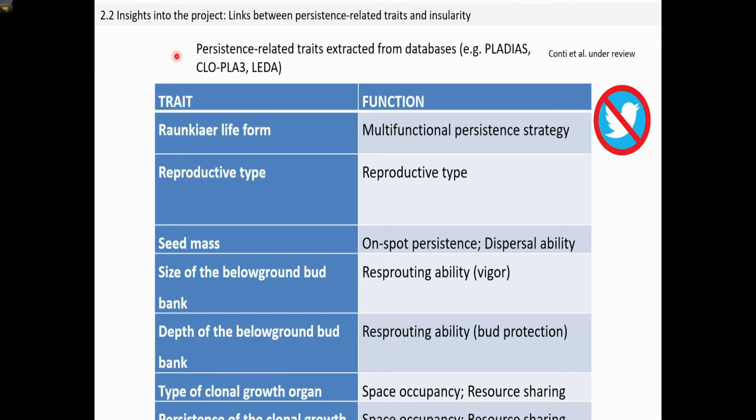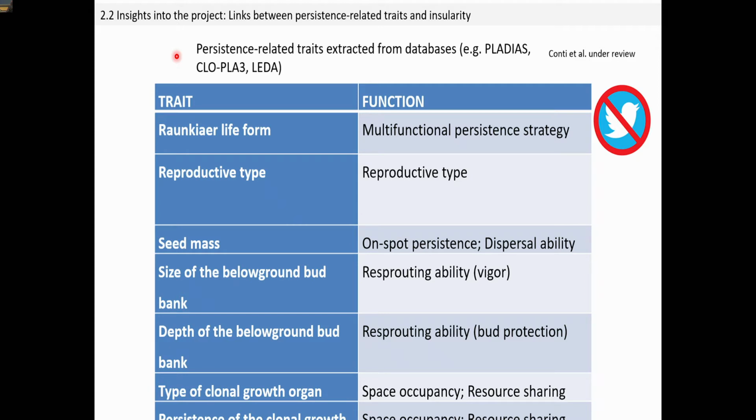And again, here I report a list of traits and functions that we have been using, extracting them from available databases such as Pladias, Global, LEDA, and others, associated with persistence strategies.